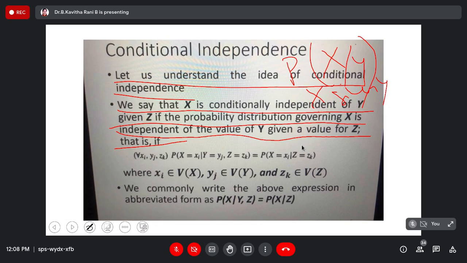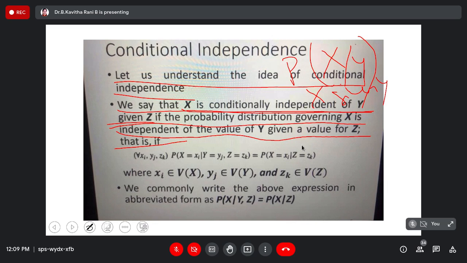So that is X is conditionally independent of Y given Z. Here Z is given, and it may have some conditional dependence on X, but Y has no dependence on X. Okay, so that we are specifying.